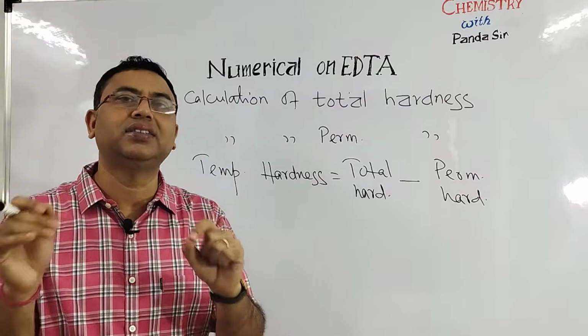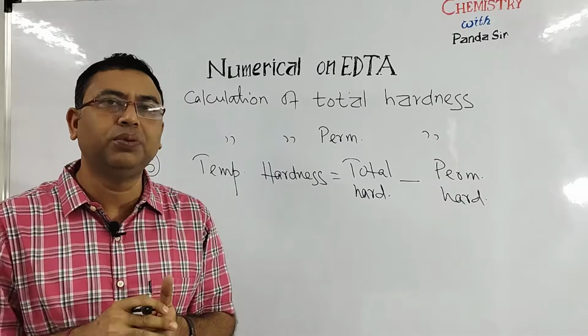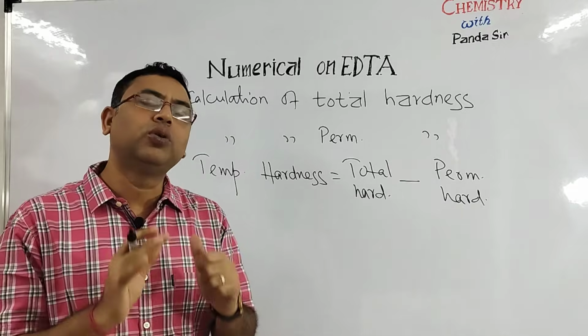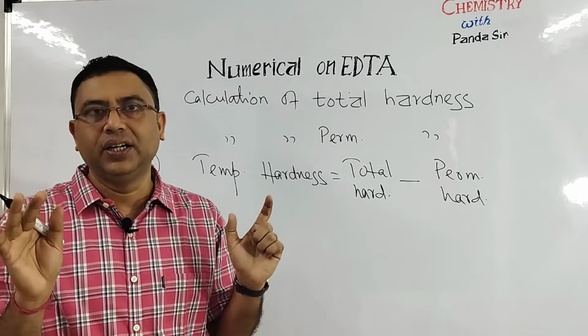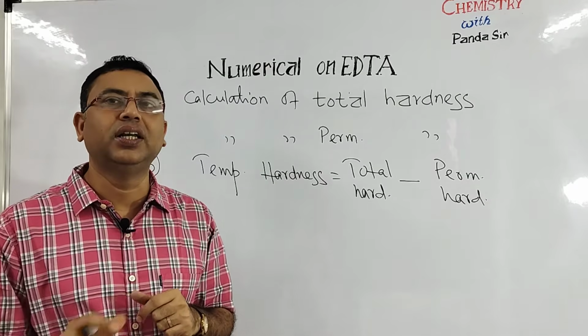As simple as that. So by knowing this theory, by understanding this concept, now we'll go for a couple of numericals, and I hope it will give you a very good idea and better understanding to answer any kind of numerical in the EDTA.